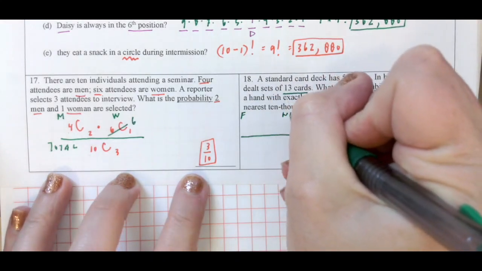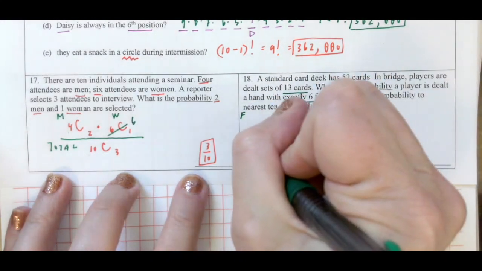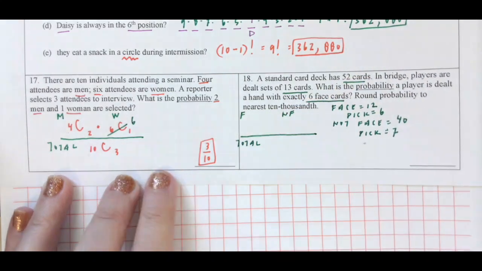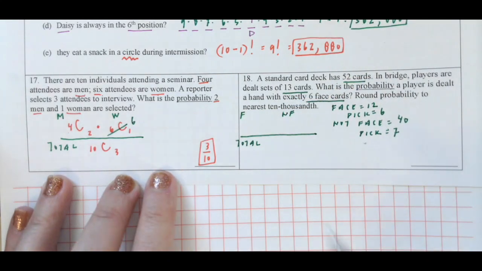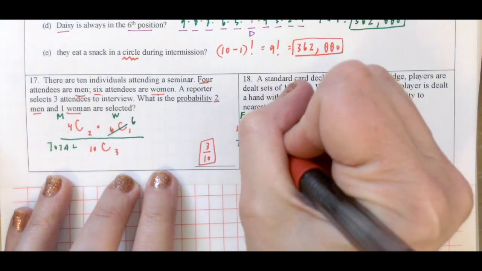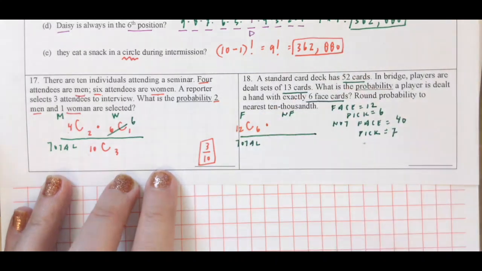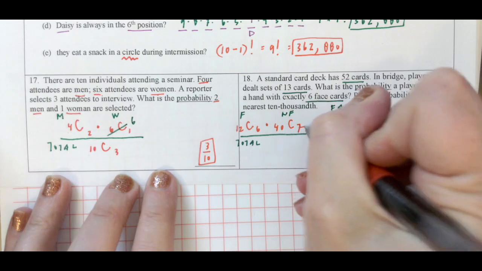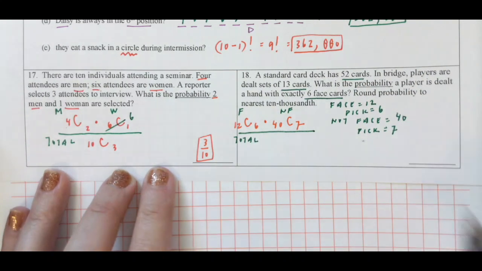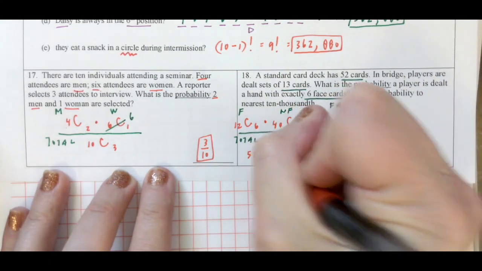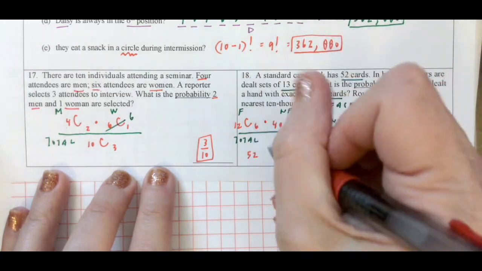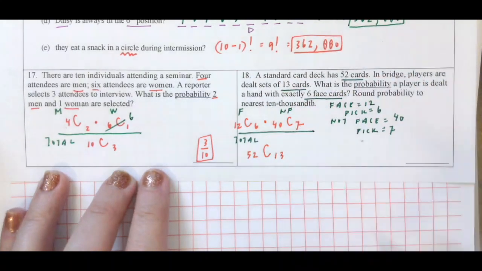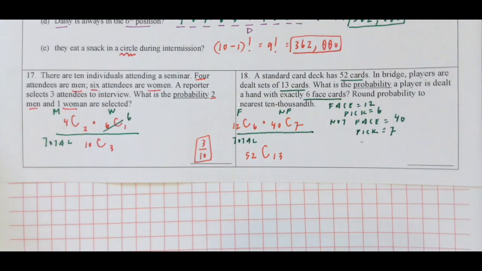face, not face, total. So out of the 12 face cards, we are choosing 6. And out of those that are not face cards, the 40, we're choosing 7. And then on the bottom, we're looking at, out of a total deck of cards of 52, what are all the ways we could have 13?